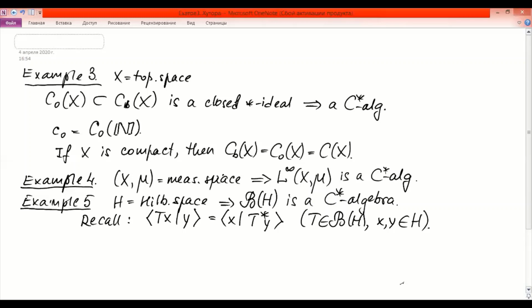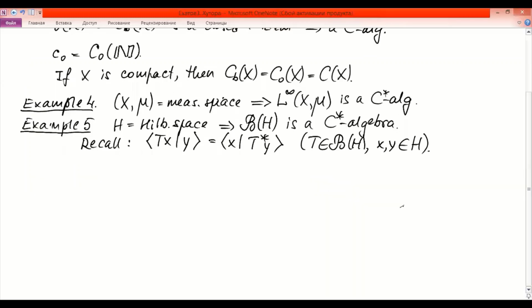So here all axioms of C-star algebra are, well, I assume they are well known to you from, for example, the course Introduction to Functional Analysis, which was given in the previous term. This example is very important.